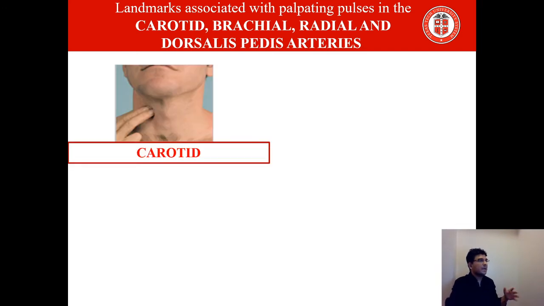Now, as I talked about the heart sounds, this is the slide to look for, because this is the one which you're going to do in the practical, as it says the landmarks associated with palpating pulses in carotid, brachial, radial, and dorsalis pedis arteries, and we are going to discuss each of these in whatever detail is possible.